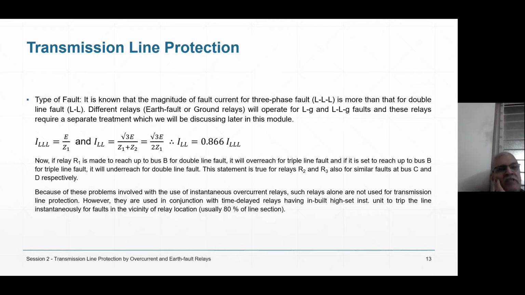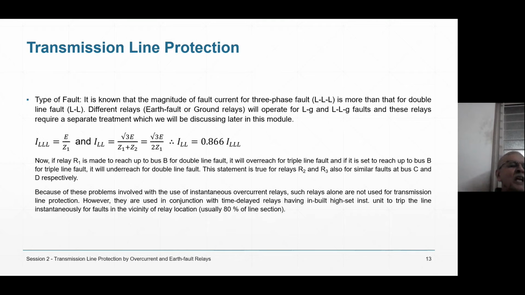LG I am not talking about, because for line to ground fault the relaying philosophy is different, and that we will talk about afterwards. But right now, we are concluding that instantaneous overcurrent relays alone cannot be used for protection. You have to use time delayed relays.